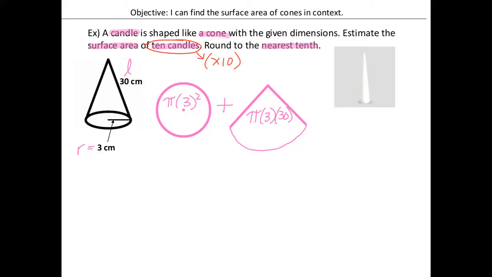So pi r squared plus pi r L. And that's going to give me my surface area for one cone. So can you guys go put that in the calculator for me? Pi times 3 squared. So pi parentheses 3 close parentheses x squared plus pi parentheses 3 parentheses 30.